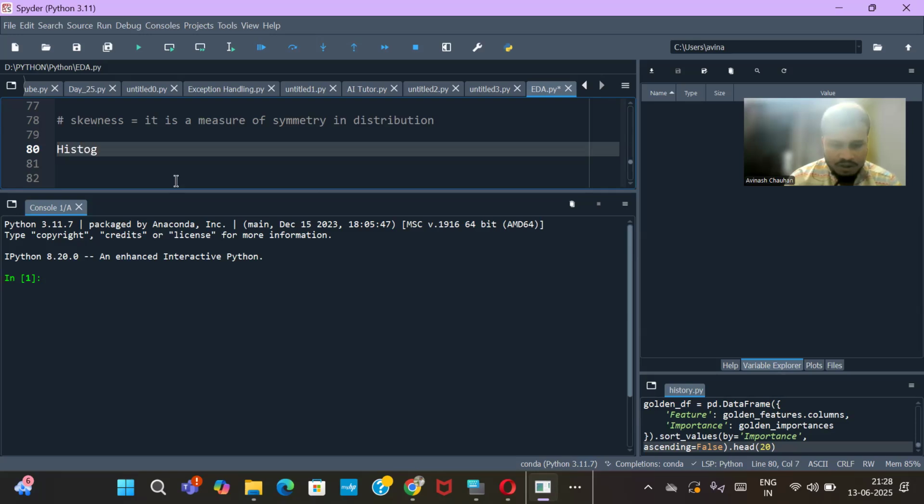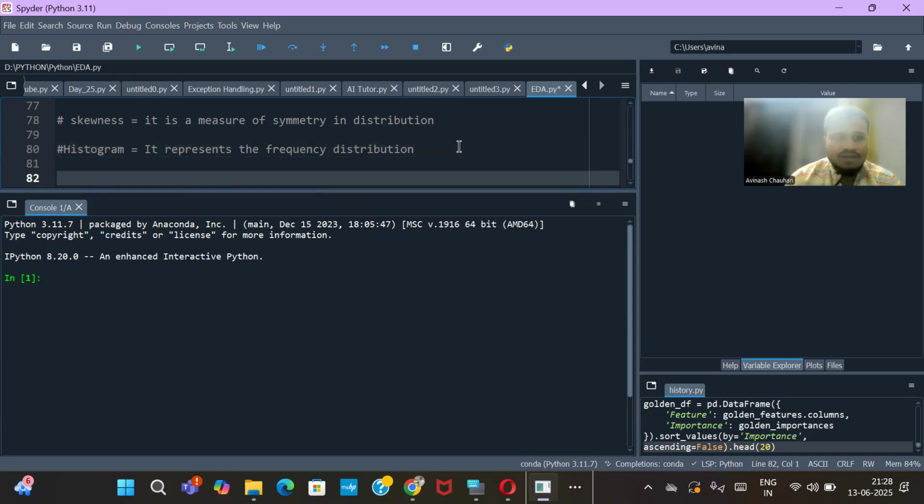And basically what does the histogram mean? Histogram represents the frequency distribution.